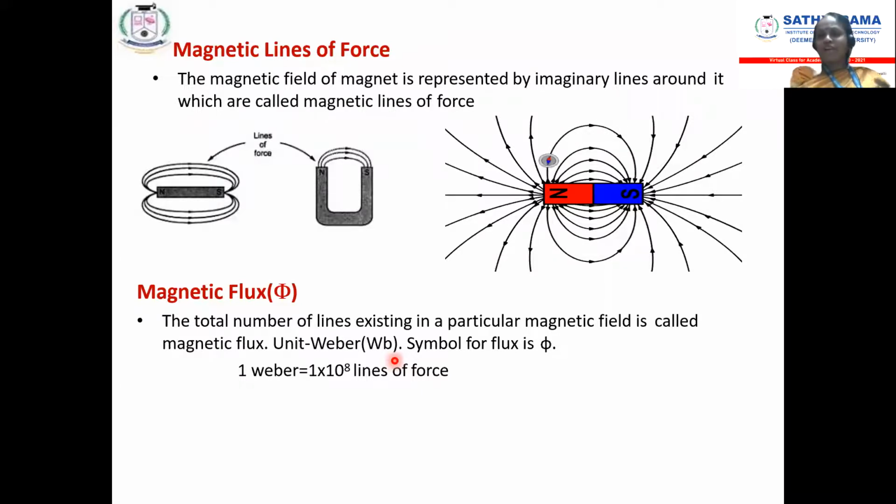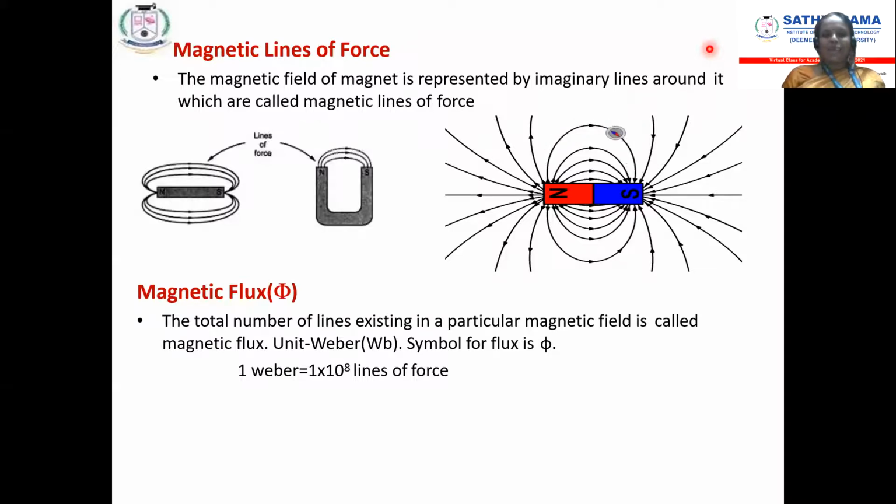If you get Weber in the thousands, your calculation is wrong. It will happen only in large machines. Normally the Weber is the largest unit because one Weber is equal to 10 power 8 lines of force. Kindly note down this definition.